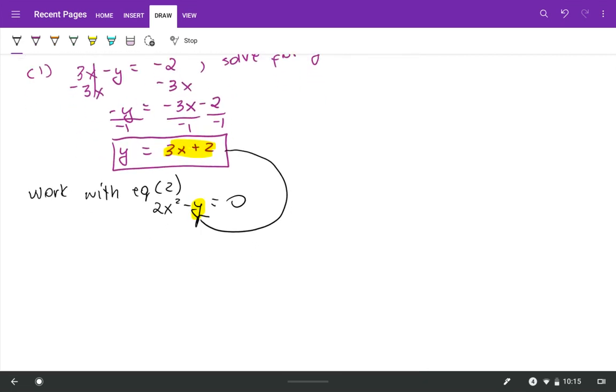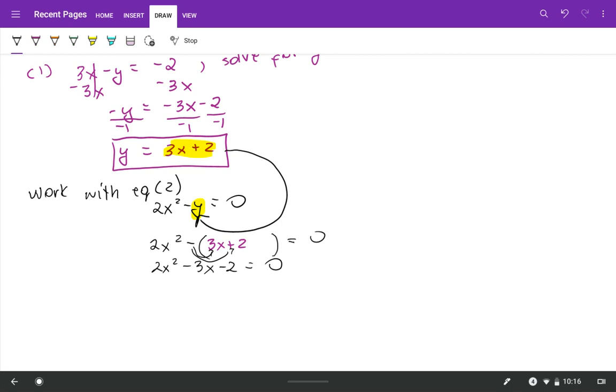We have 2x squared minus, since y is an expression, put that in parentheses, 3x plus 2, and follow with the rest of equation 2, equals 0. So we have 2x squared, let's distribute that minus to each: 2x squared minus 3x minus 2 equals 0. And as you see, you end up with a quadratic equation.